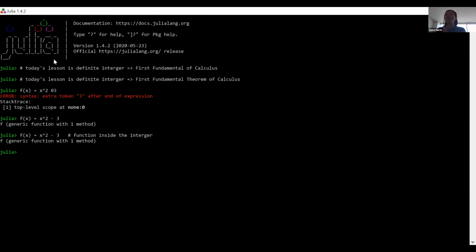Now, in other words, the function inside the integral is the derivative of some function. So I'm going to use uppercase F of x, which I'll call the antiderivative of f.